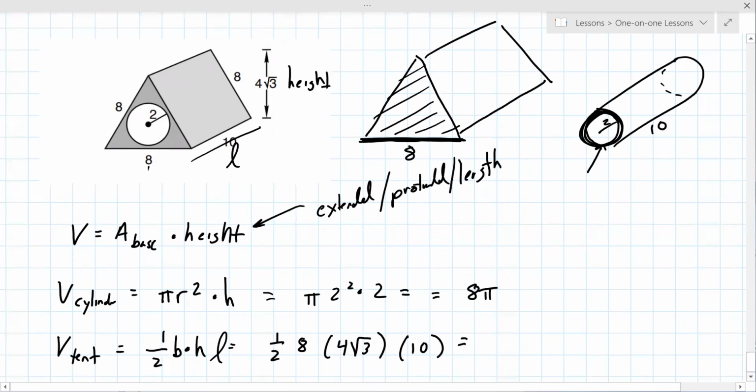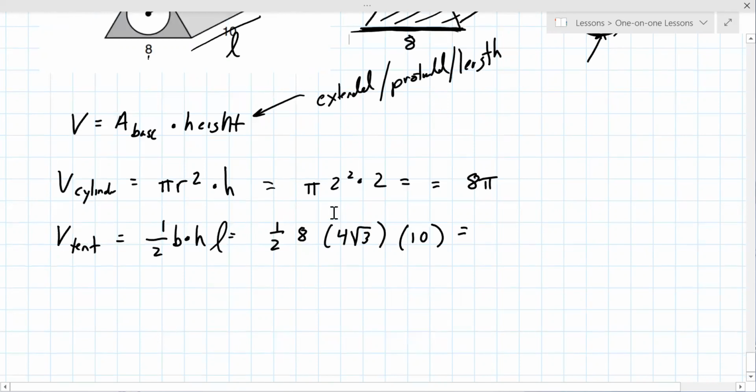Okay. So the most important thing is how we put the numbers into the equation. Is there anything you're uncertain about, or like how did I know that it was a height, or the base? Is there anything you'd like me to say again or use different words for? No, it's okay. Okay. So then the last step here is to simplify. 1/2 of 8 is 4. 4 times 10 is 40.